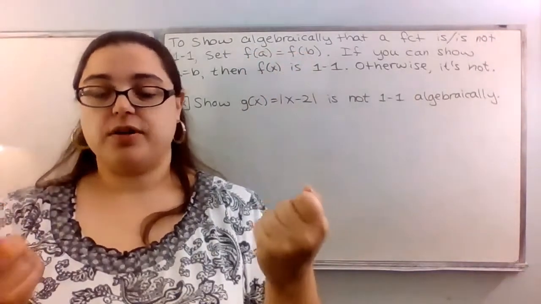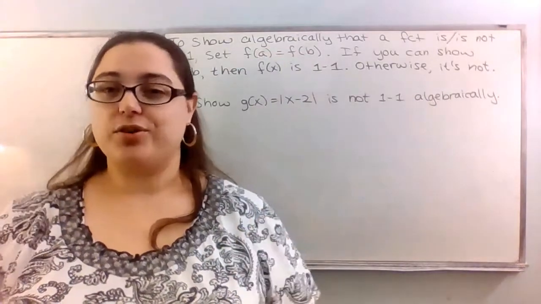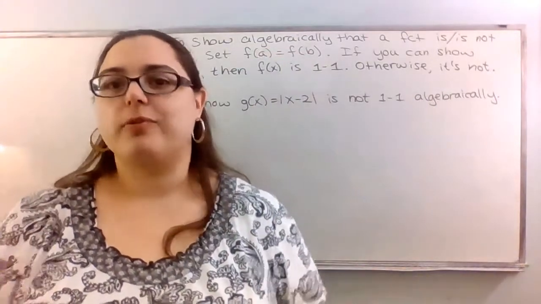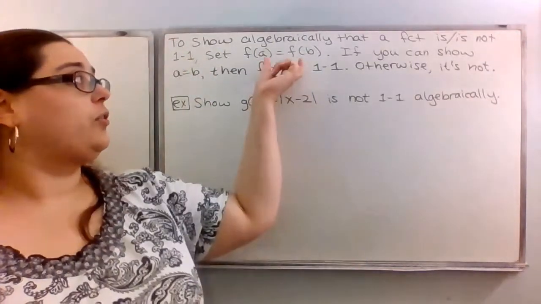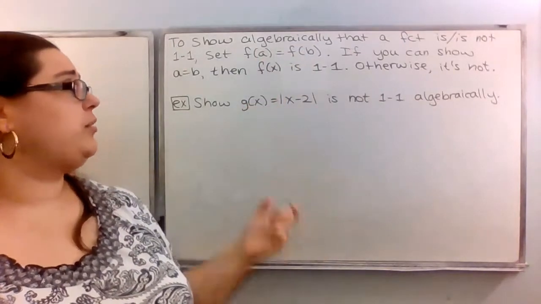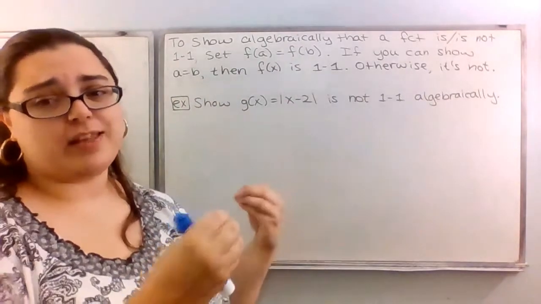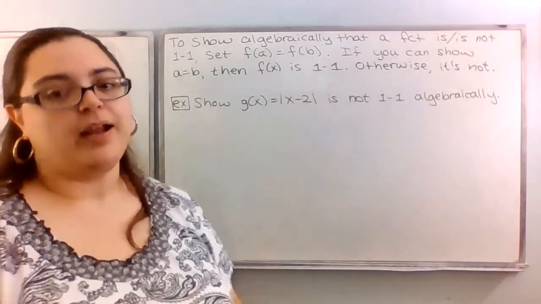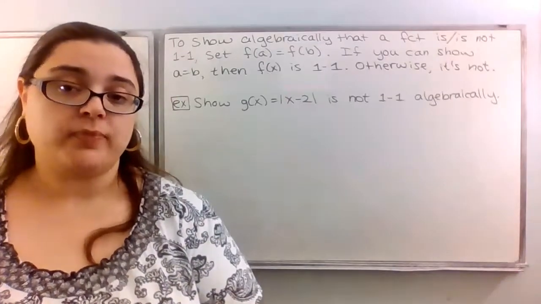In order to be one-to-one, I have to show that those y values came from the same x value. So that actually, even though the notation makes it look like they're 2 different points, they were the same point because a and b were the same number. So if they have the same y's, then they came from the same x's. If I can't show that, then the function is not one-to-one.